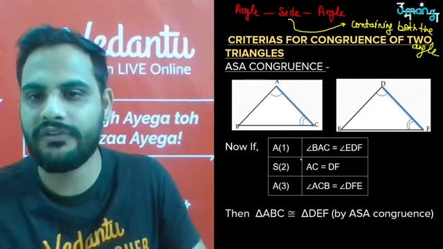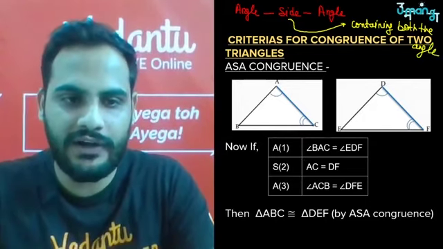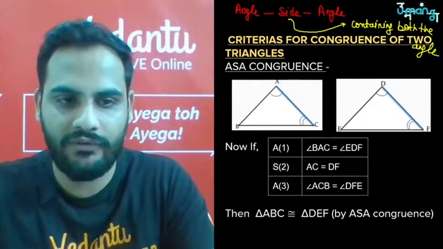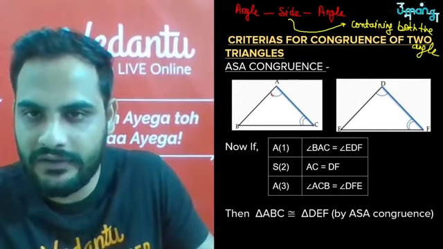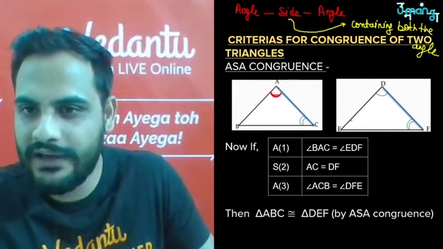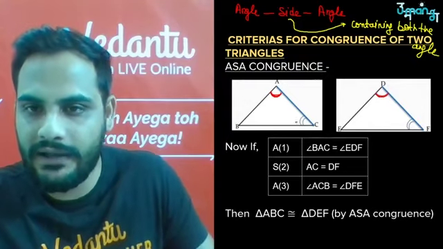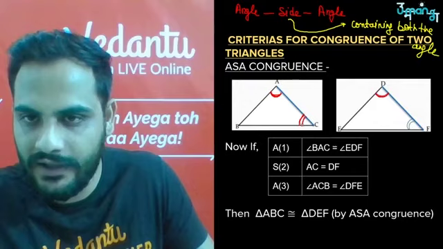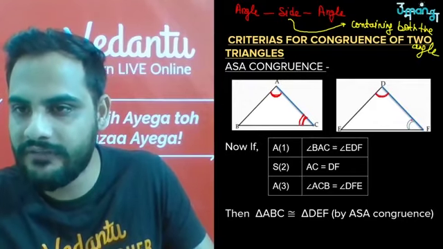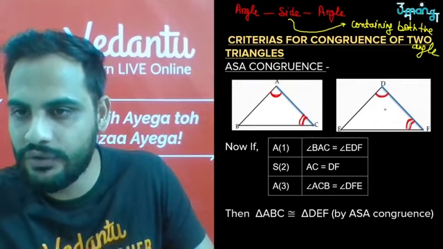For example, if you see here, I have told you that angle BAC, this angle, is equal to EDF, so EDF is this angle. Then I have told you angle ACB, this angle, is equal to DFE, this angle. So these two angles are equal.